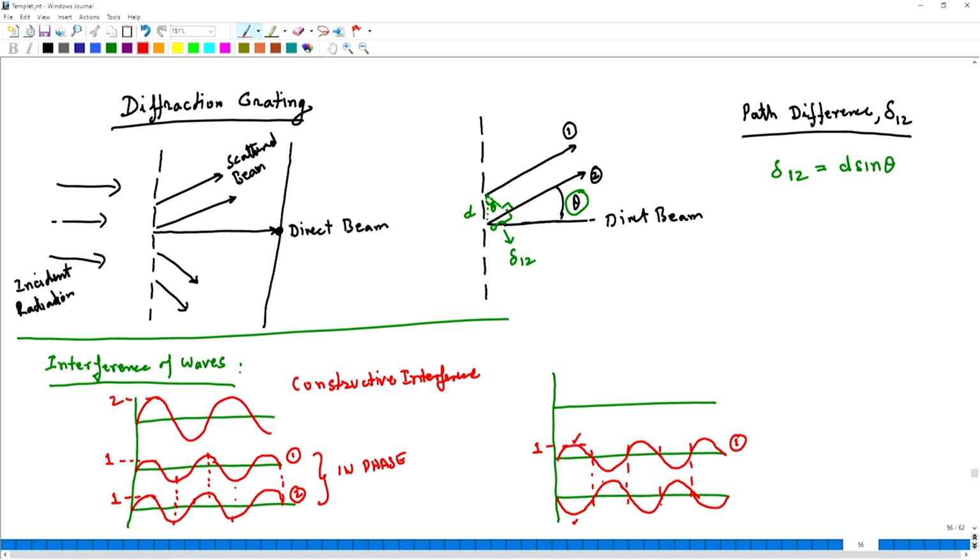So, rather the peaks correspond to the valleys and the valleys correspond to the peaks. The peak out here corresponds to the valley here, the valley out here corresponds to the peak. Similarly, this is peak, valley, valley, peak and so on. If I now add up ray 1 and ray 2, both have the same amplitude, but they will completely cancel out, and essentially one will get complete annihilation, or what we can call destructive interference.